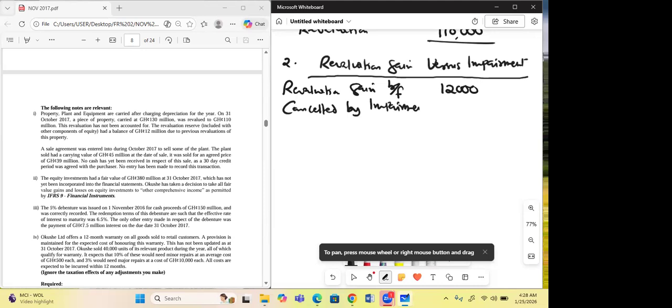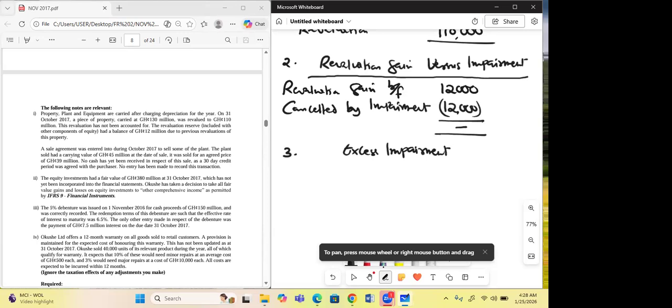If I use 12,000 from that impairment to cancel it, it means there is no revaluation gain again, right? Yes. Then the excess impairment will go to P&L.